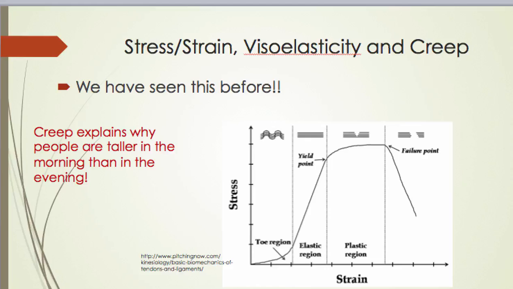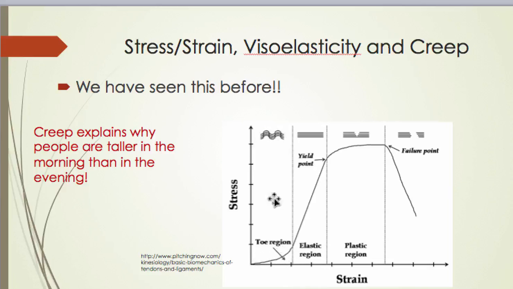Just as a review, when we put stress on a tissue, as the stress increases, the strain increases. Here's our toe region where our tissues are crimped, like an accordion, and that's just unfolding here.